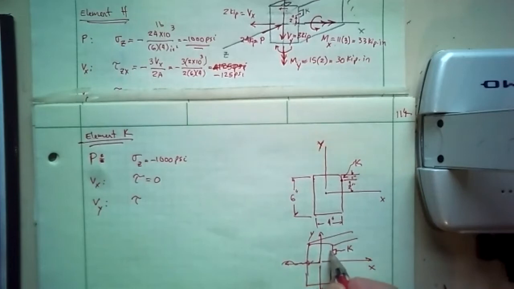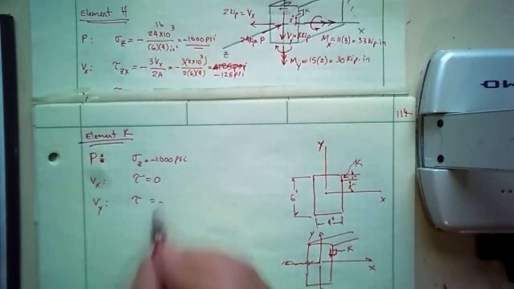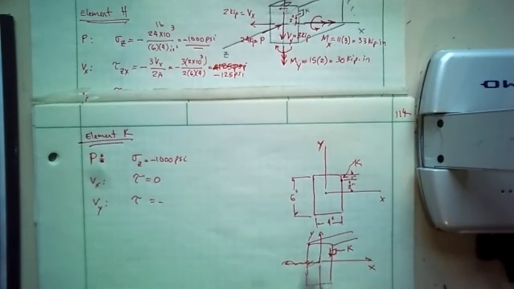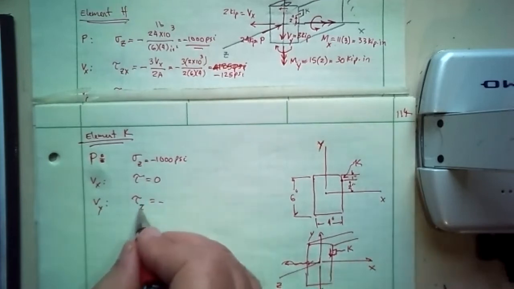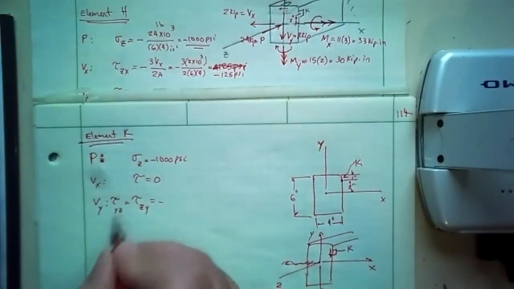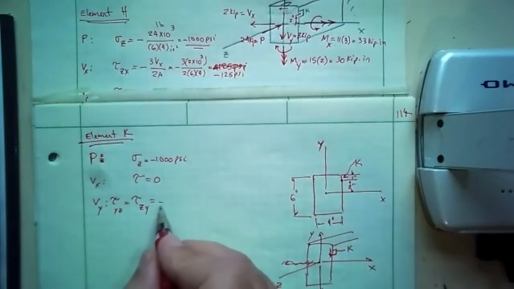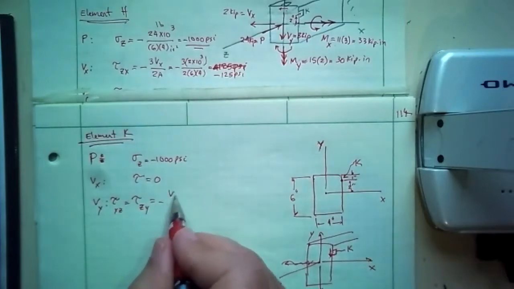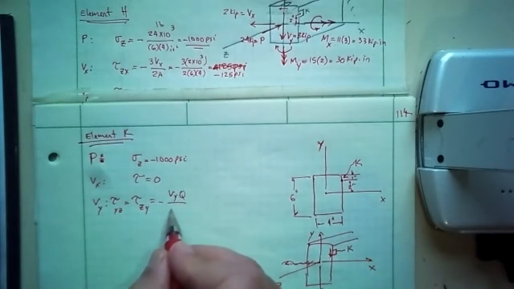So the shear stress on this face is in the same direction as Vy. I'm going to call that negative because it's a negative y direction. And this will be tau z face y direction, which is same as tau yz. And this will be negative Vy Q over I y.